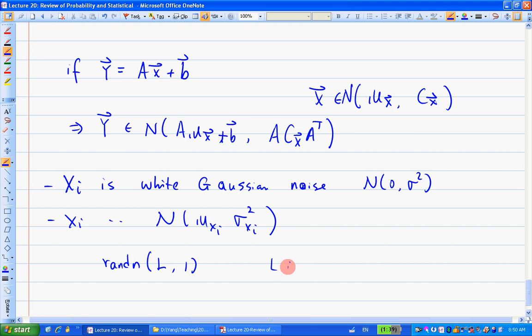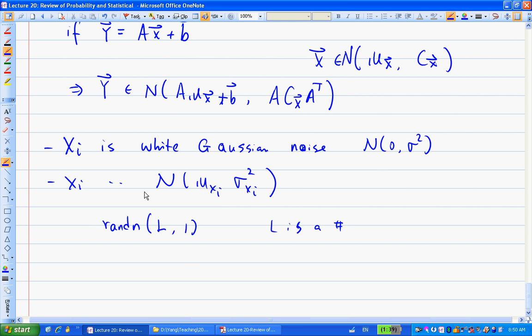So L is a number. The higher the number L is, the more the overall result will look like what you're looking for, a normal distribution, right? So let's say I wanted the general case, a random variable that has a mean of a certain value and a variance of this value here.